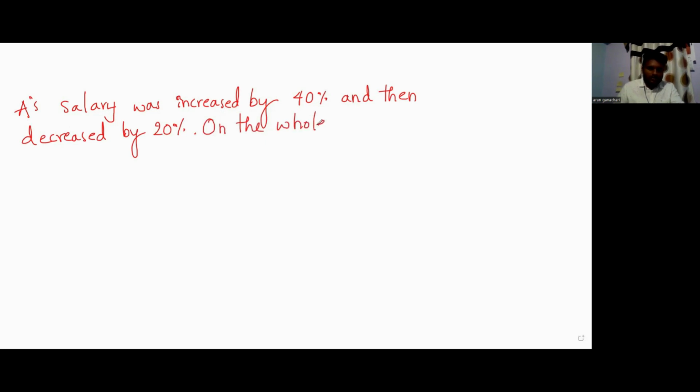On the whole, A's salary is increased by what percent? You think you can manage this?